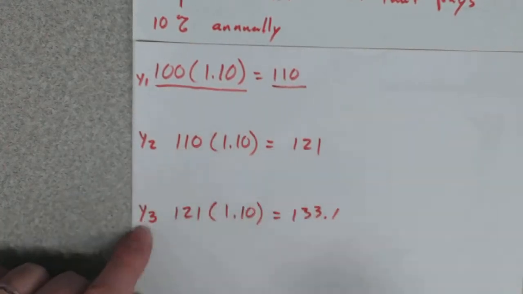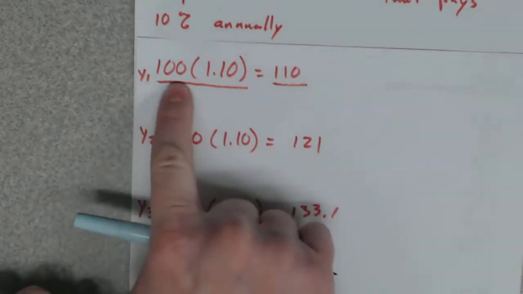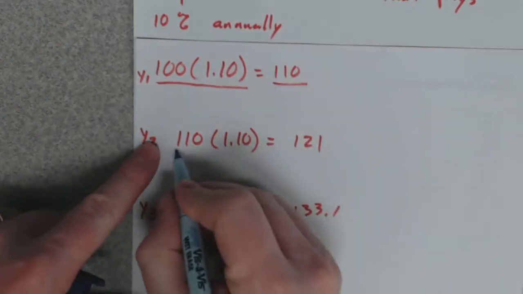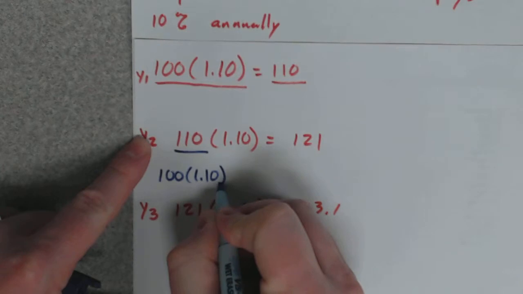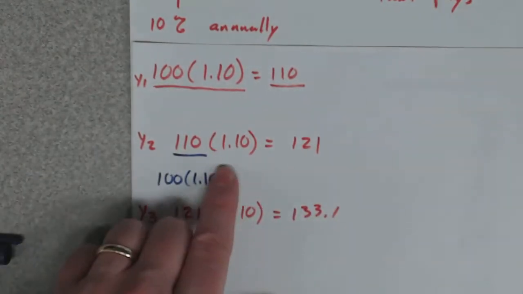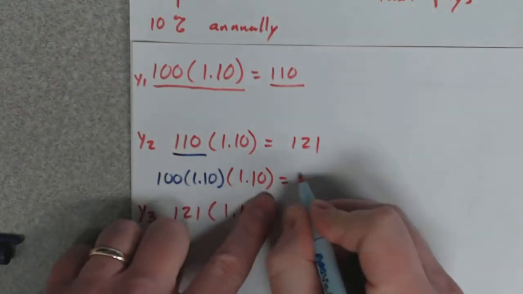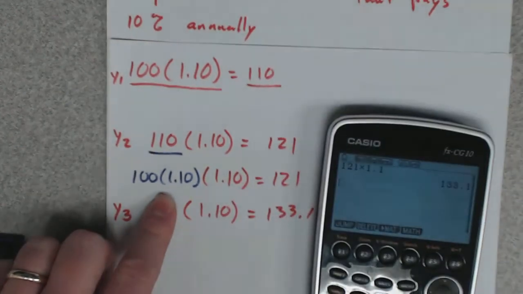So what I'm going to do is replace that 110 there with 100 times 1.10. Remember that they're interchangeable. It's equal to this. So that 110 becomes 100 times 1.10, and then times 1.10 equals 121. I just rewrote it. Okay, now you type that in your calculator, and it should give you 121.